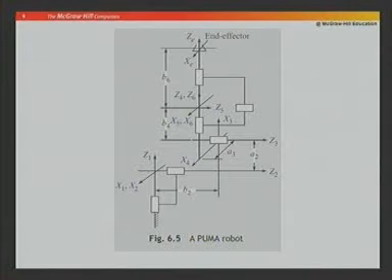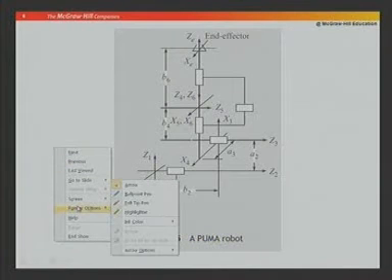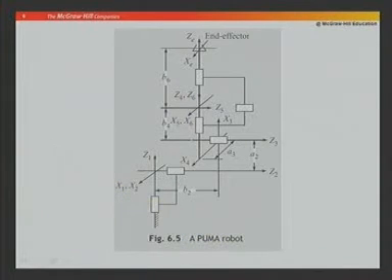I will switch between two figures 2-3 times, so that you are able to correlate. So, the first one, you see this is my waist motion, okay. First revolute joint, and I have the revolute joint axis Z1.